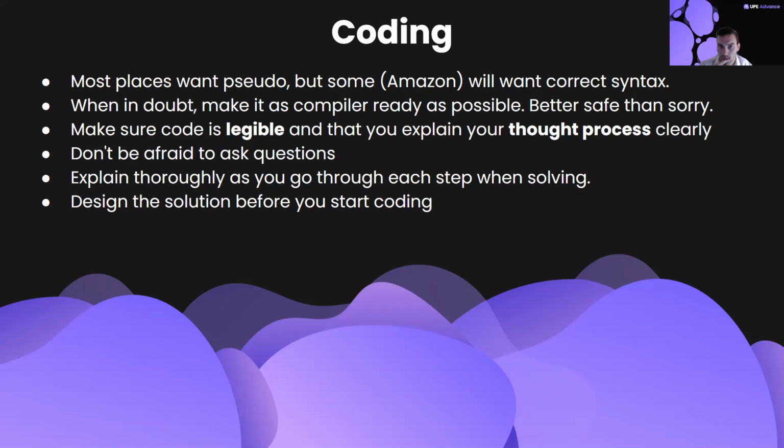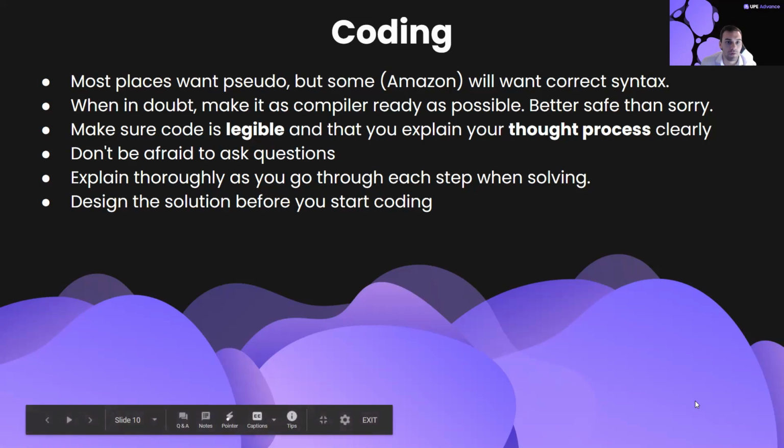But of course there are exceptions, like all the companies that we were just talking about. Amazon, JP Morgan, Google, etc., they all use third-party websites where you're going to want to know the syntax for the language you're using, or clearly it just won't compile and it wouldn't be good.